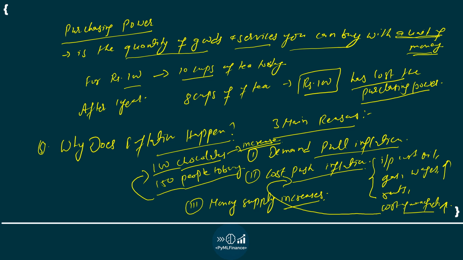For example, currently the production of any goods is 100, every year 100 quantity of goods is produced, and this is the only production quantity right now also. But the government or the central bank prints more money, so there will be more supply of money in the economy, and in this case also the cost of the goods will increase. So these are the three main reasons why inflation happens.